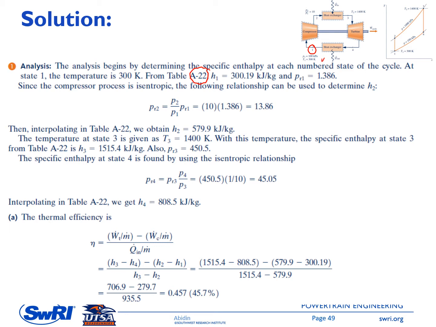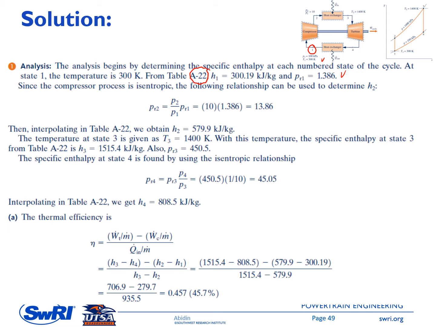It's pretty small here. You should be able to get H1 is 300.19 kilojoules per kilogram, and PR1 is 1.386. I encourage you, while you are following this class, to also open your table and check each of these numbers to see whether they are correct. It also helps you to be more proficient at reading the table, and it will help you a lot in an actual exam.